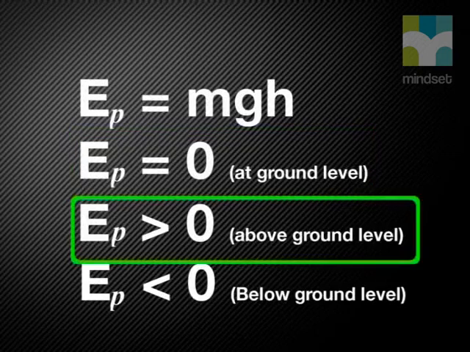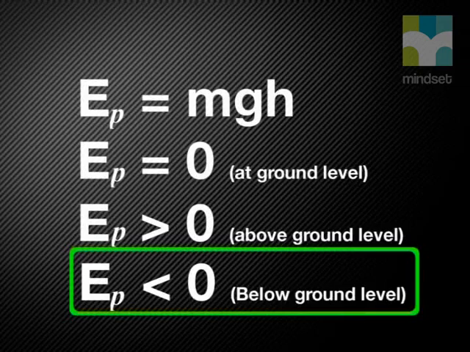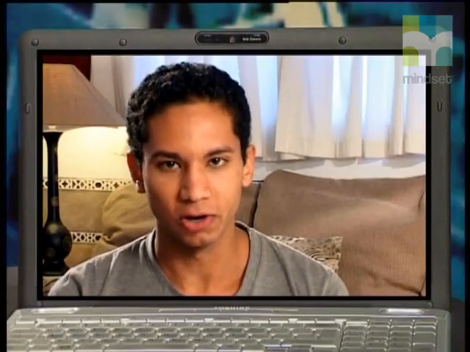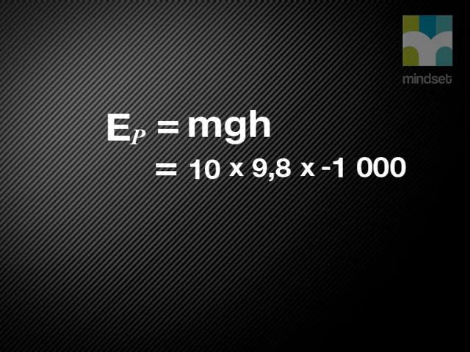Above the Earth's surface, it is a positive value, and below the Earth's surface, the potential is negative. The negative value tells us that energy is required to get the mass back to the surface. That makes sense. Okay, so substituting in negative 1,000, then the potential energy is negative 98,000 joule.